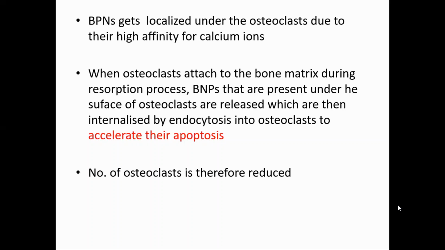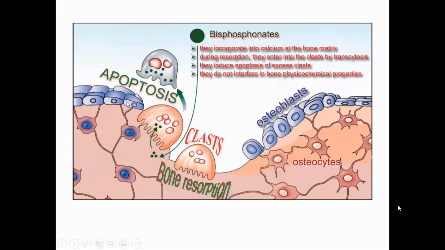After the bisphosphonate is given, it is deposited under the surface of the osteoclast, the bone resorbing cells. When the bone resorption process is going on, the bisphosphonates present under the surface of the osteoclast get internalized by endocytosis into the osteoclast and cause its apoptosis.